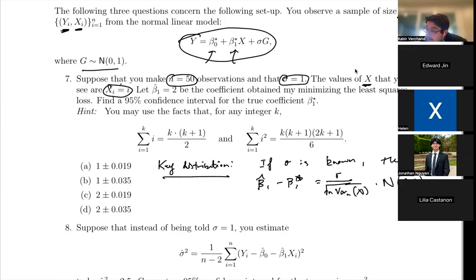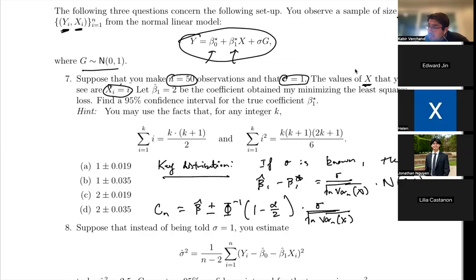So in particular, this means that beta hat 1 is normally distributed if we know sigma. And once we have this, we can immediately write down the confidence interval, C_n, equal to beta hat 1 plus or minus phi inverse of 1 minus alpha over 2, times the standard error, which is sigma over root n times the empirical variance of x.